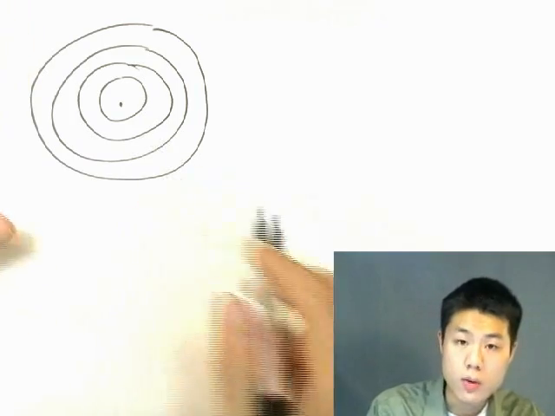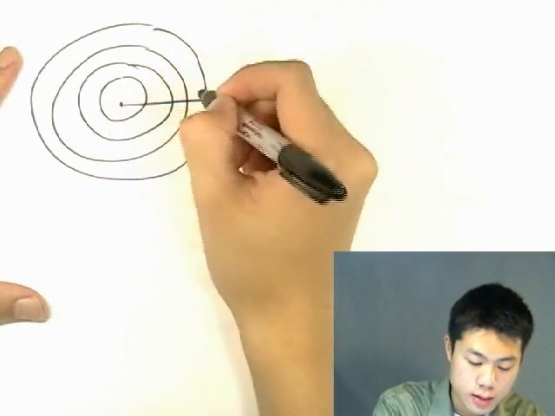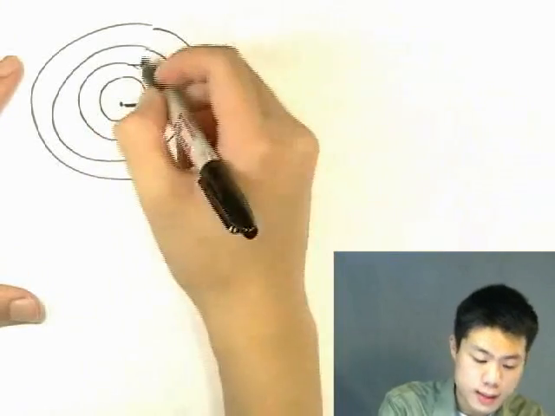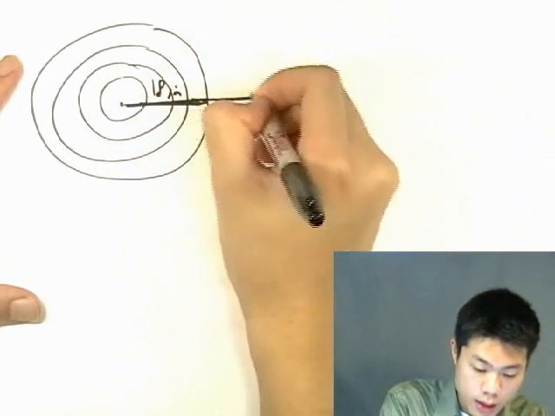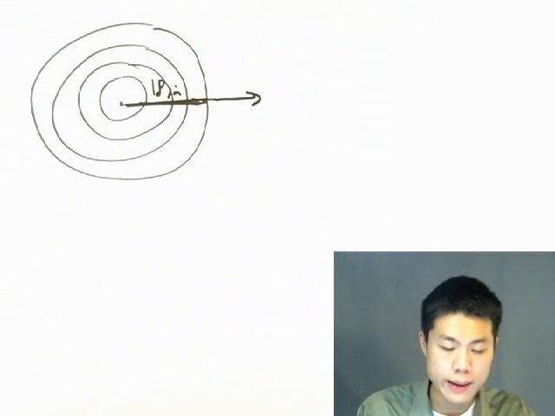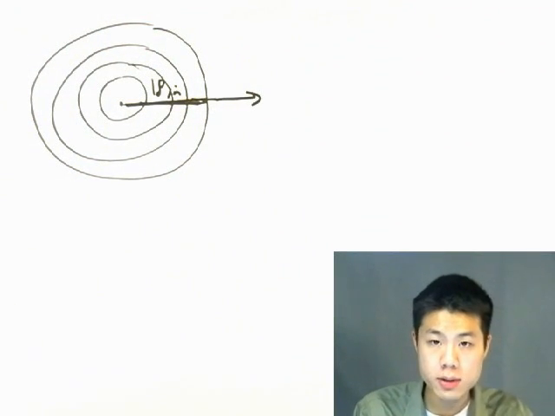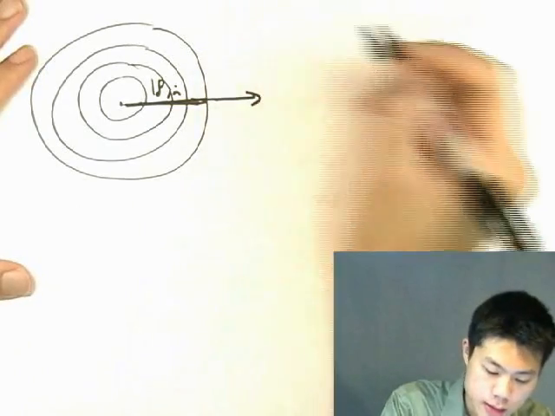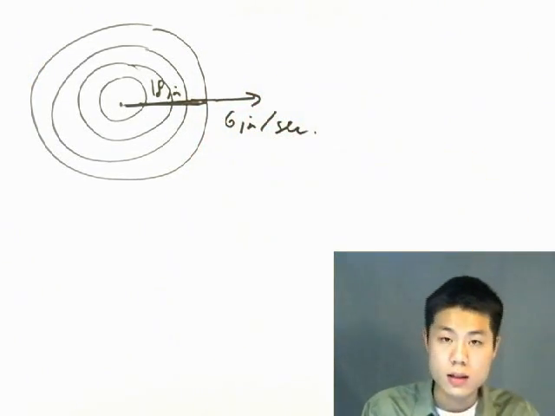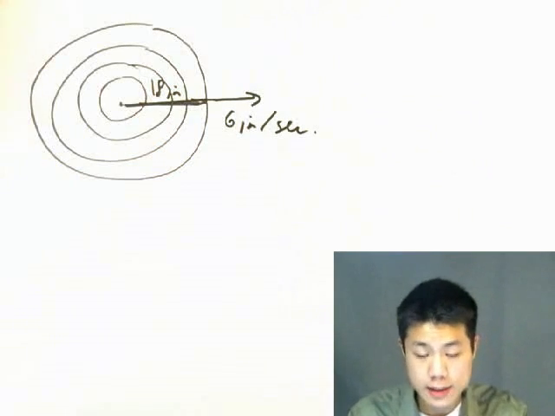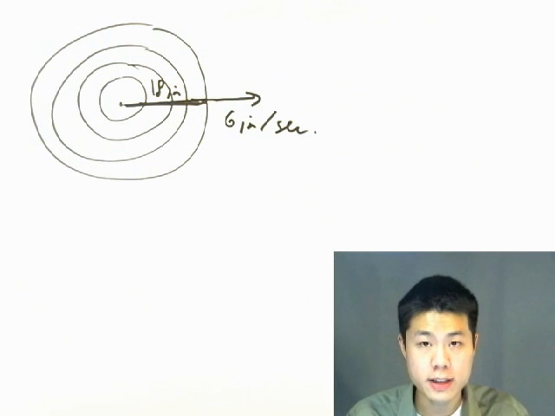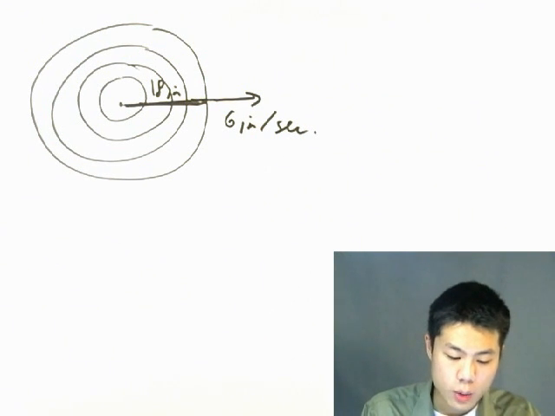Now the question tells us that at a certain point in time, the radius is 18 inches, and the radius of the circle always increases at the rate of 6 inches per second. And it's asking us to find the rate at which the area increases with respect to time.